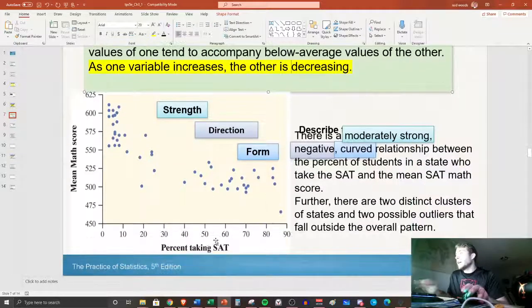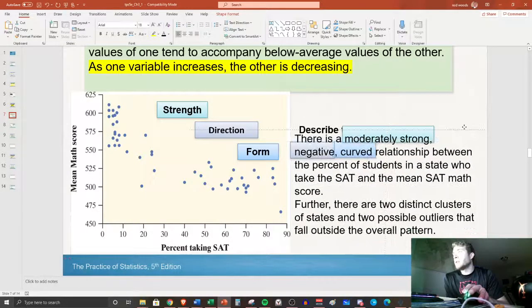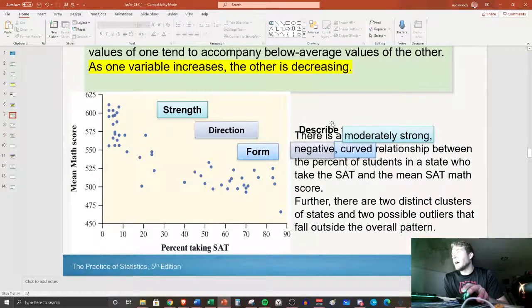So looking over here, as the explanatory variable goes up, okay, percent taking SAT, mean math score goes down here. I'm not really sure what the context is with this. But you can see here how they are describing it. There is a moderately strong negative curved relationship.